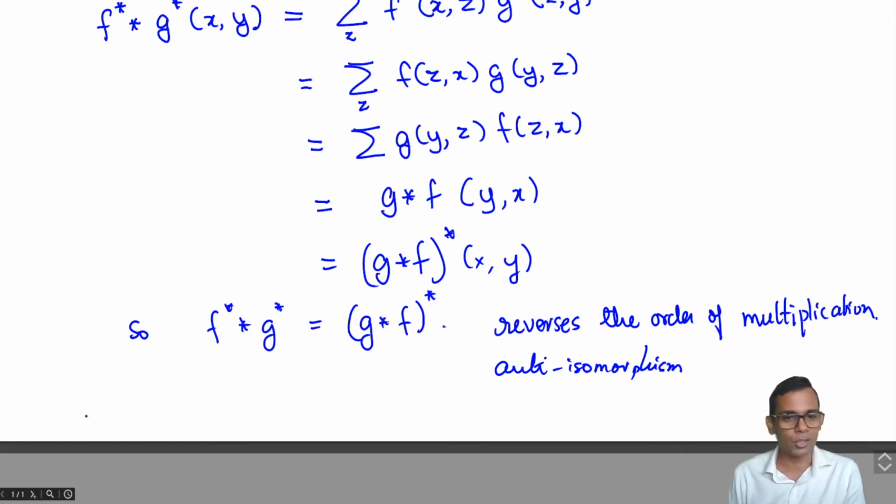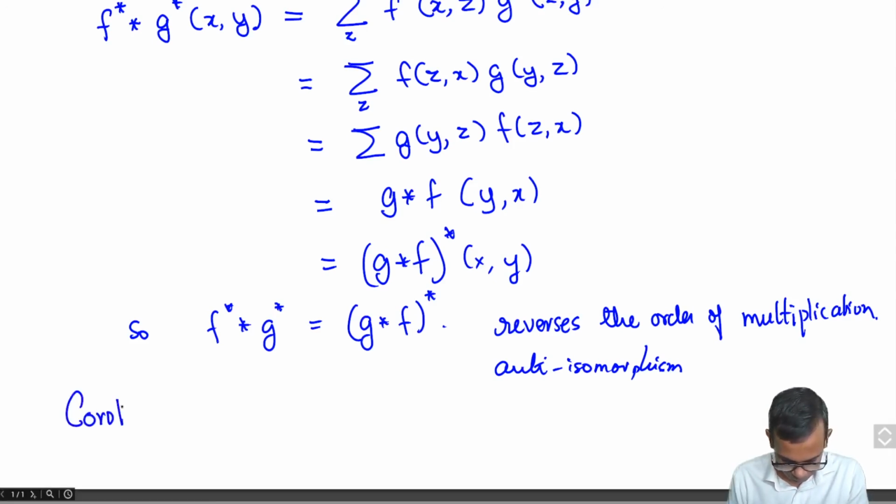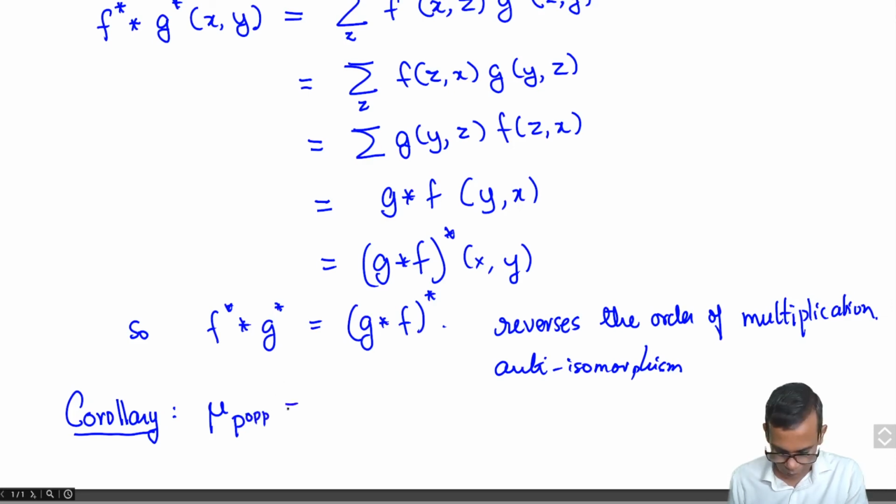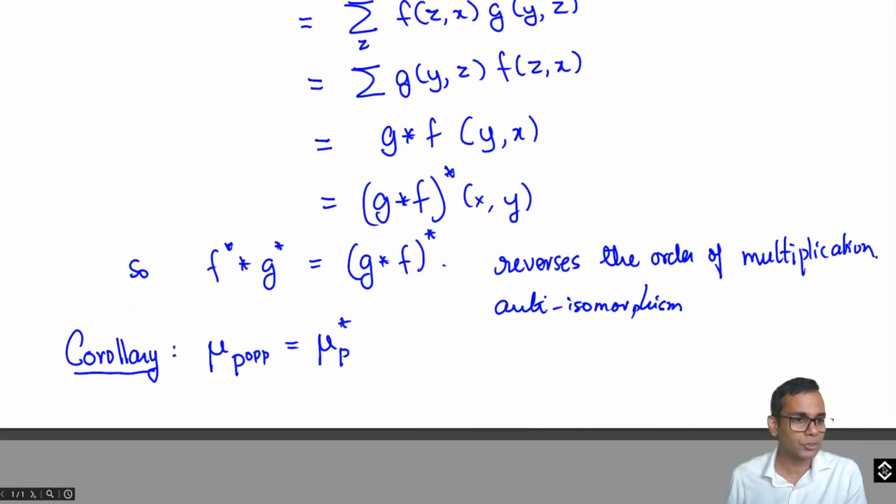And an immediate corollary of this is that we can compute the Mobius function of P op. Mu of P op is equal to mu of P star. This is not difficult to check. Let's just check.